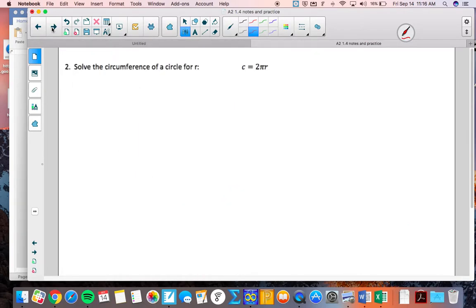Boom. Number 2, solve the circumference of a circle for R. So we ask ourselves, what's being done to R? R is being multiplied by pi and by 2. It's being multiplied by 2 pi. So to undo multiplying by 2 pi, we divide by 2 pi.